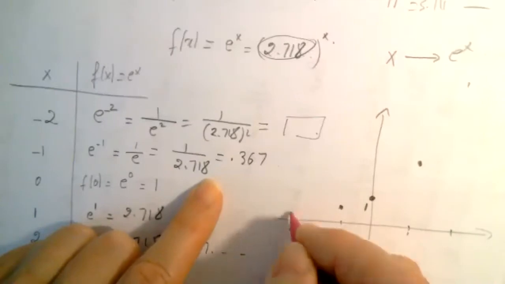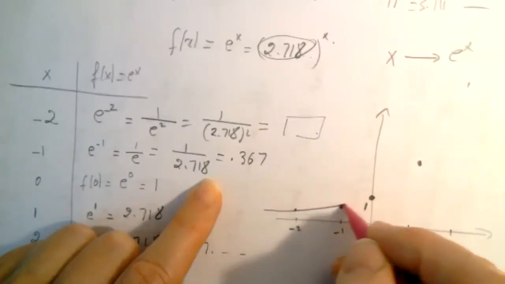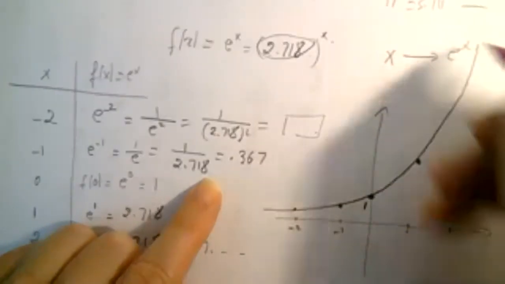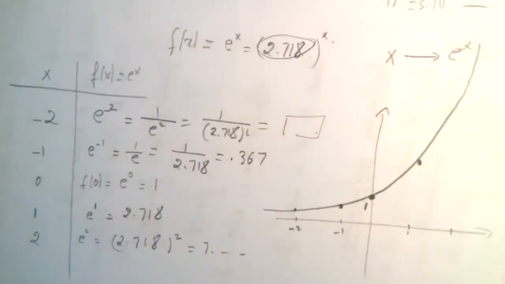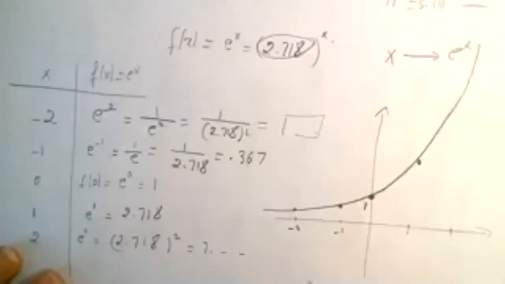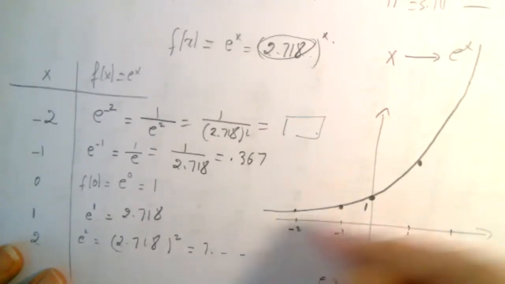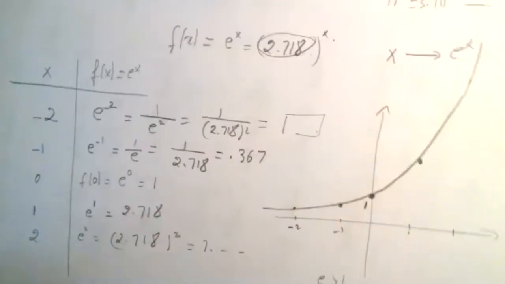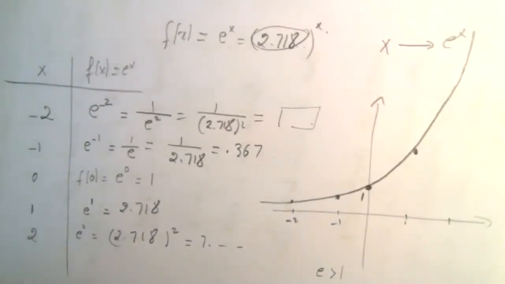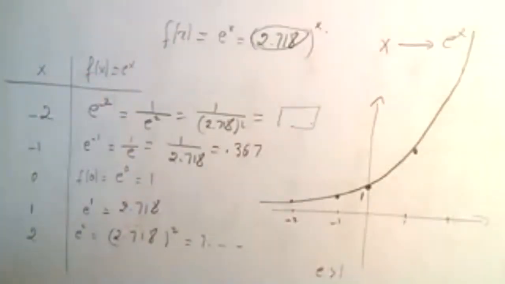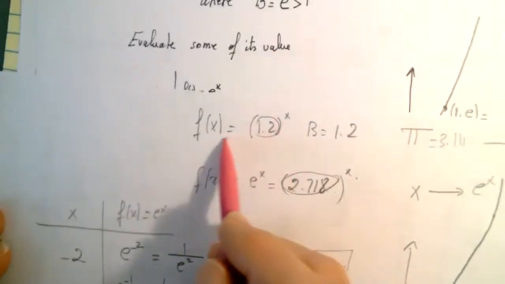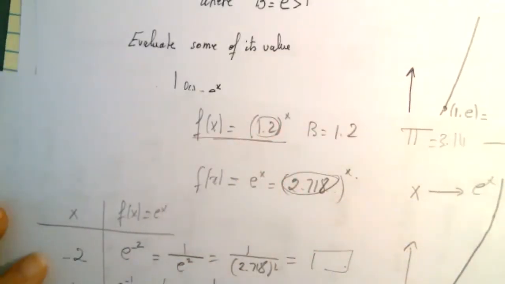At -2 it is right here, and it's going to look exactly like every other exponential function we've seen. Okay, but the base e is bigger than 1, or the growth factor is bigger than 1, so it is going to increase. Okay, so e is a number, and we can graph the function f of x equal e to the x the same way we graph every other exponential function.